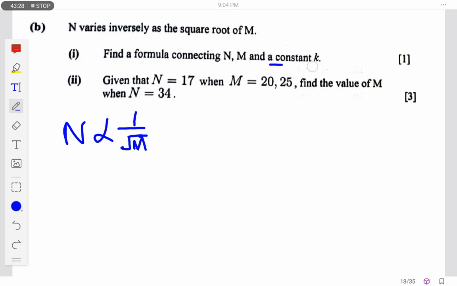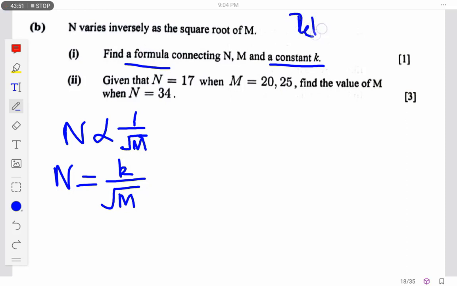So we are given a constant. For us to remove this proportionality sign, we introduce our constant k. So this becomes n is equal to k over the square root of m, like that. So this is the formula that connects. Sometimes they can say formula, they can say relationship, or they can say law.